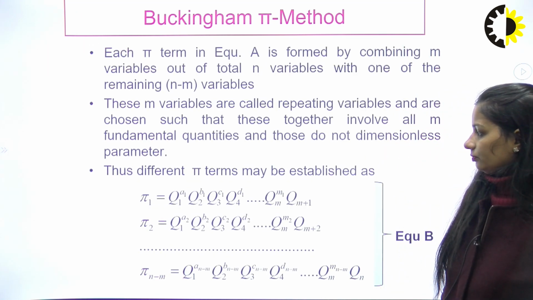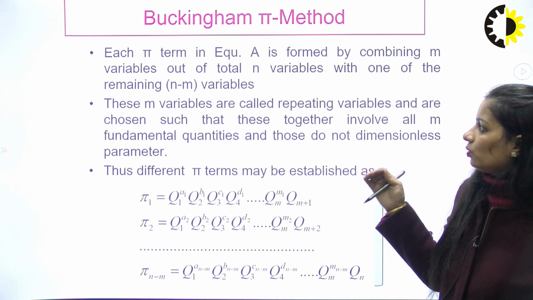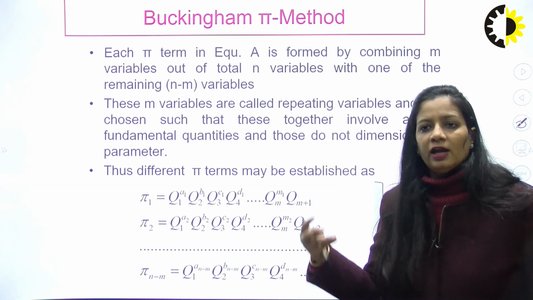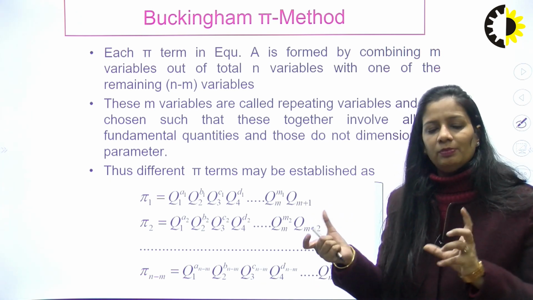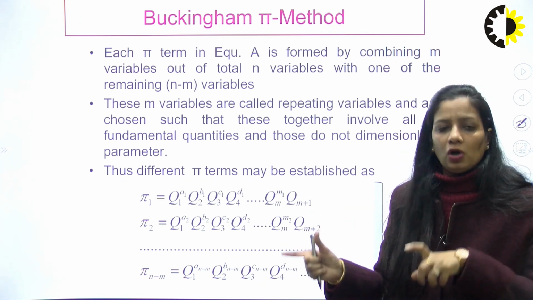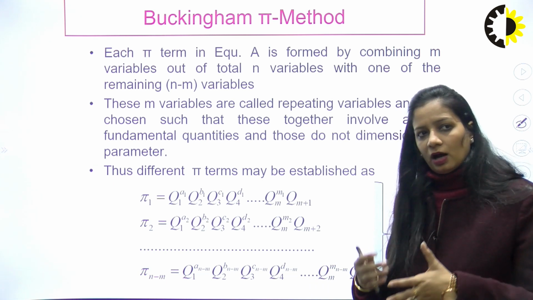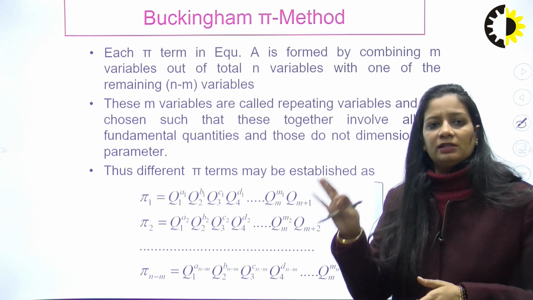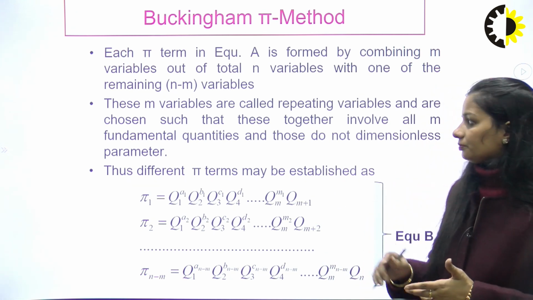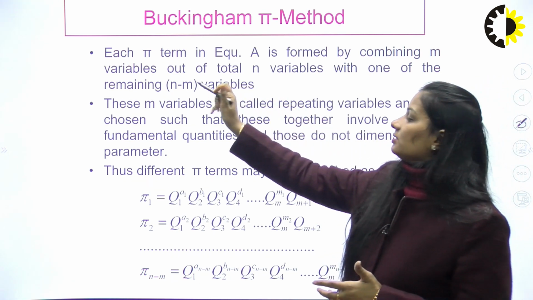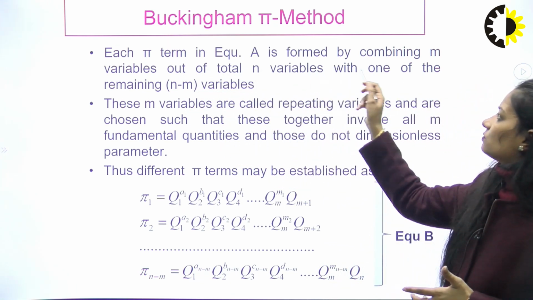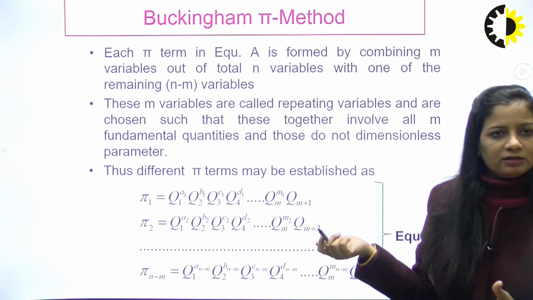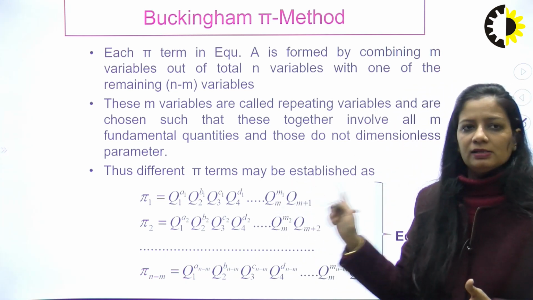Here we are going to choose some of the variables involved. There are some repeating variables and some non-repeating variables. How we are going to solve it will continue further. Each pi term is formed by combining m variables out of n variables, and the number of pi terms will be equal to n minus m.